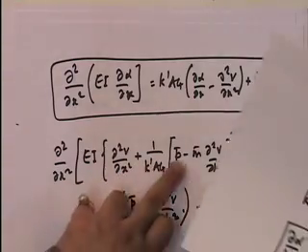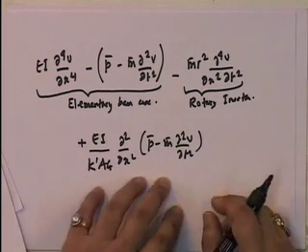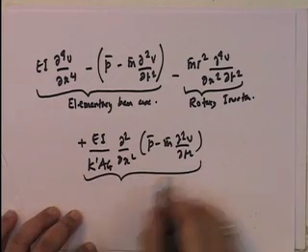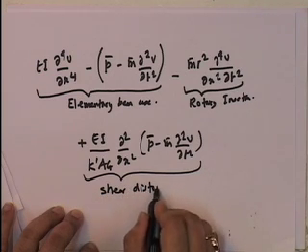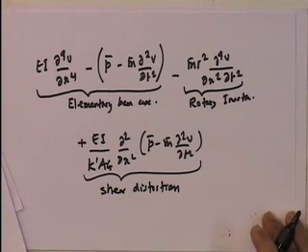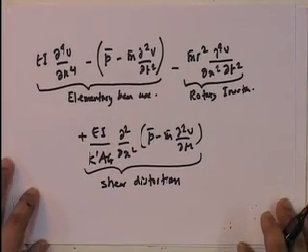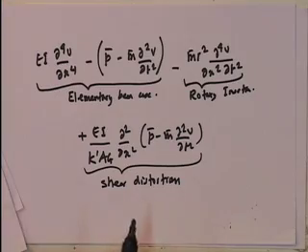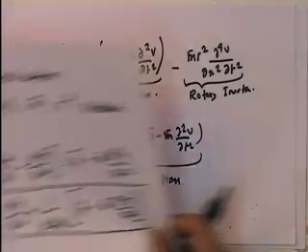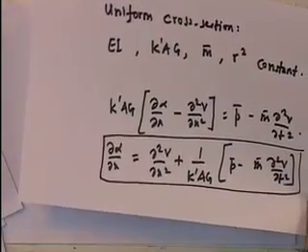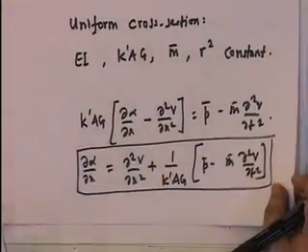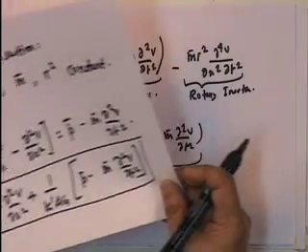So this part is being taken care of. That one is EI upon k' A G into this. This is purely the shear distortion part. Now you have another term which is this term being double differentiated. So what you have now is the following.